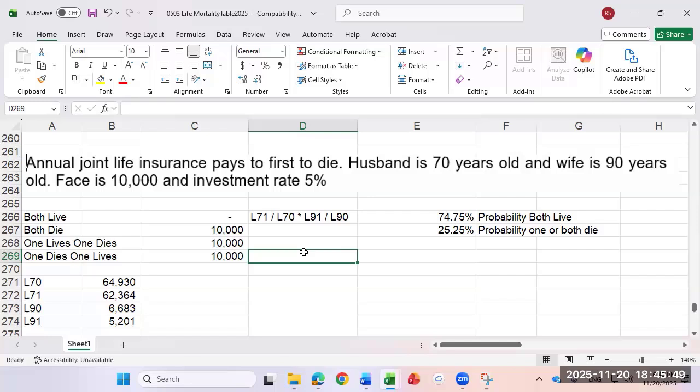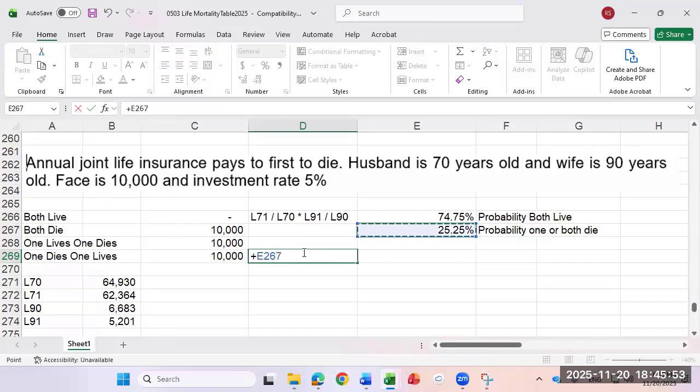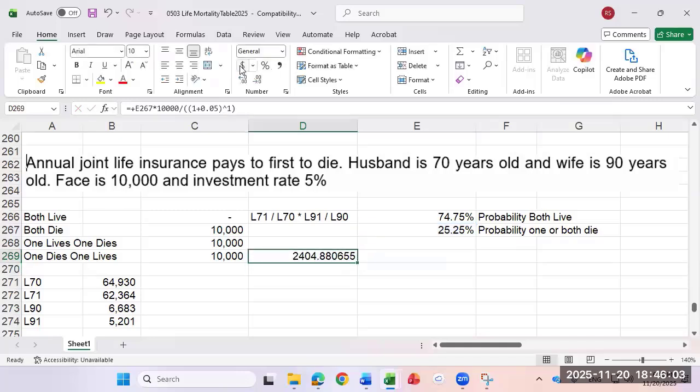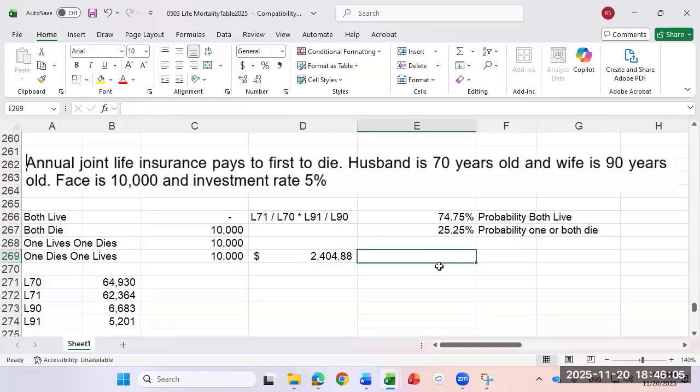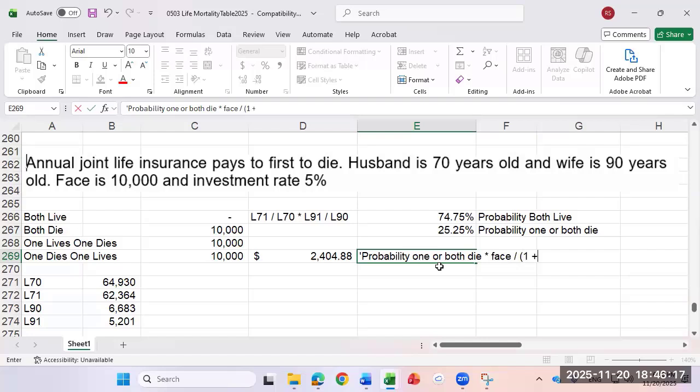So in this case, all you've got to do is take the probability one or both die, let me do it first, times 10,000 divided by 1 plus the rate raised to the first. That's going to be your premium.